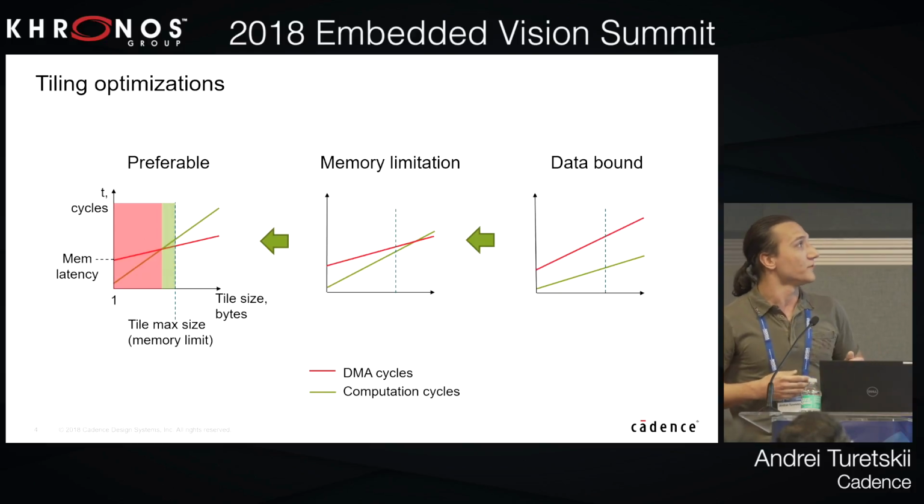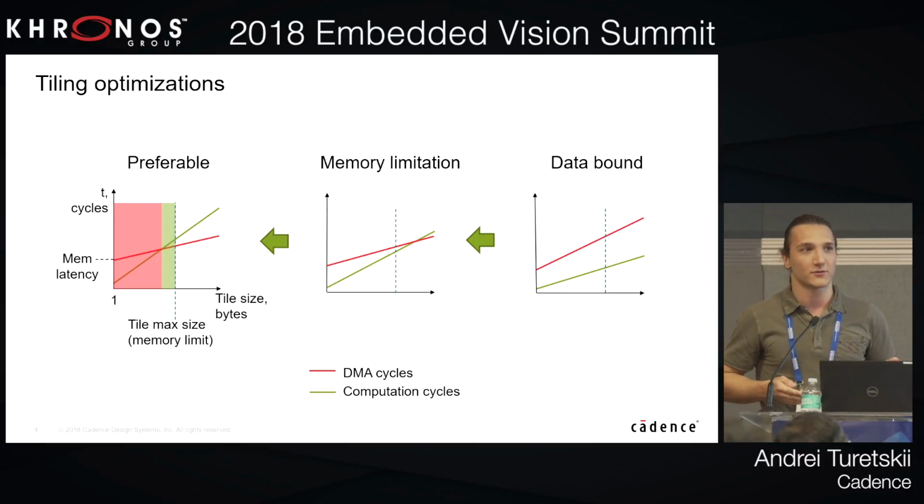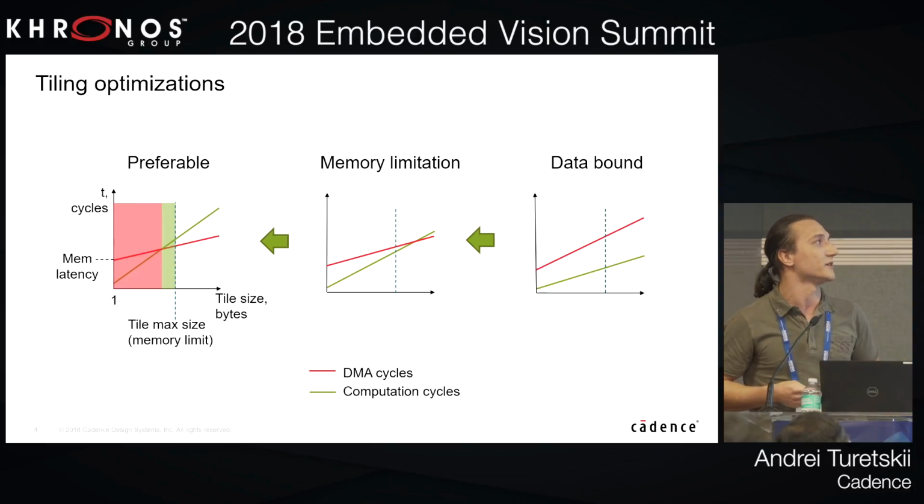Of course, very often we see different cases, like, for example, in the middle, where the green and red lines cross to the right side of the memory limit line, which means we just can't choose a tile size big enough, and we have to wait for DMA memory transfers for some time.